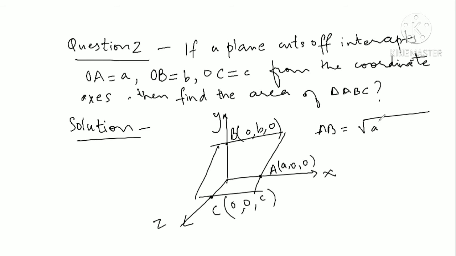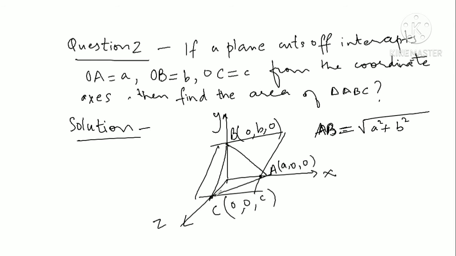So 0 minus a square is a square, then b minus 0 is b square, and then 0 minus 0. So length of AB is equal to root of a square plus b square. So we have this length is BC, this is AC, and this is AB.